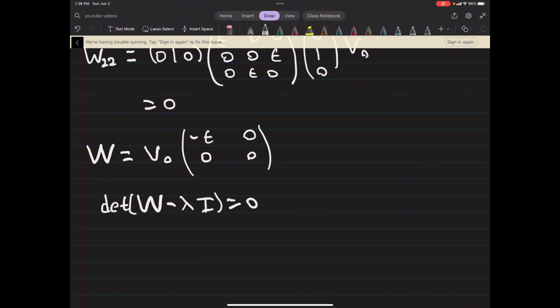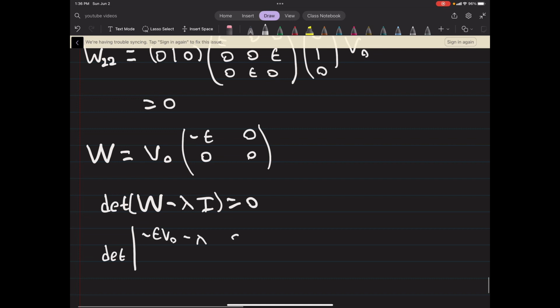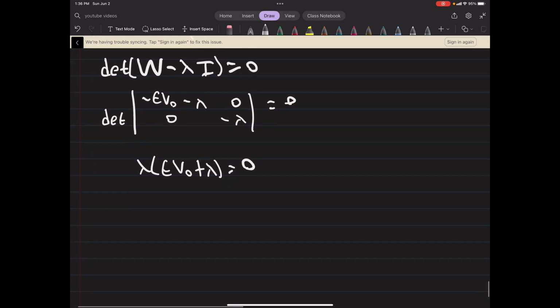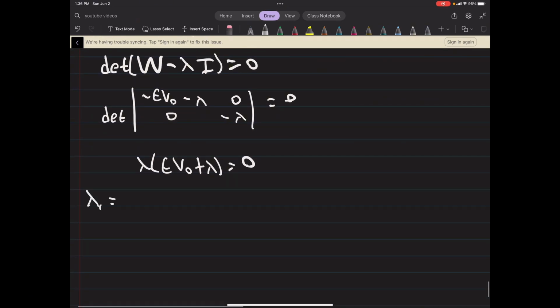And just to show you, that would be the determinant of minus epsilon V naught minus lambda, 0, 0, minus lambda, and that would just be lambda times epsilon V naught plus lambda equals 0. So you could solve for it that way, but it's already diagonalized, so it's not super necessary. And you get your eigenvalues of minus epsilon V naught, and of course 0 as an option.